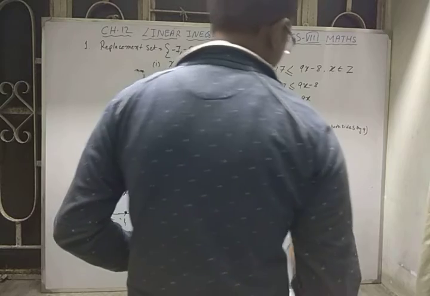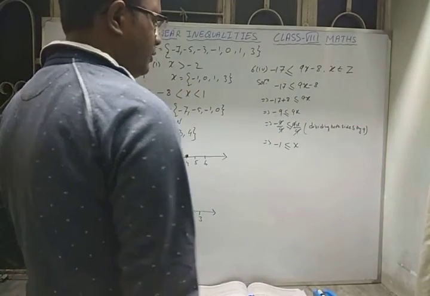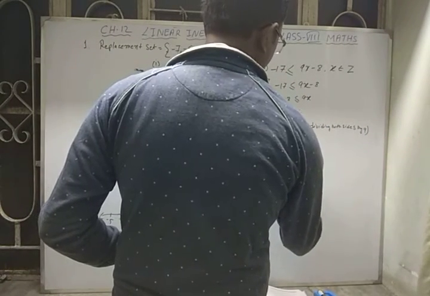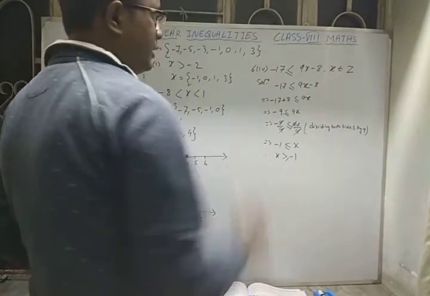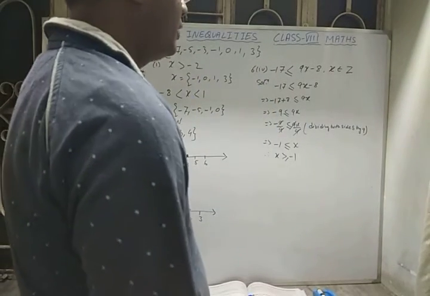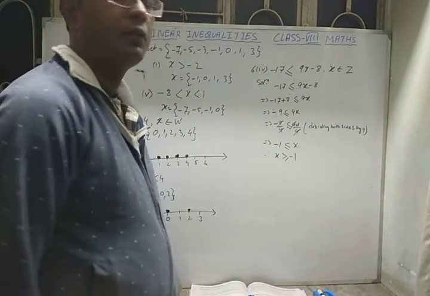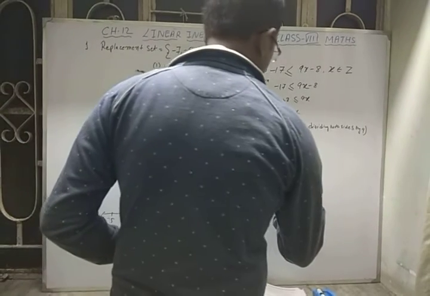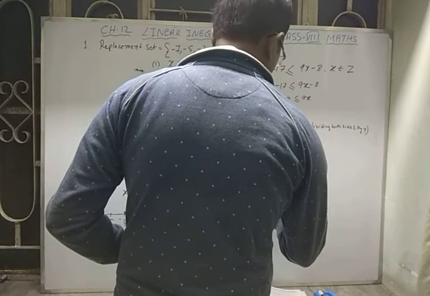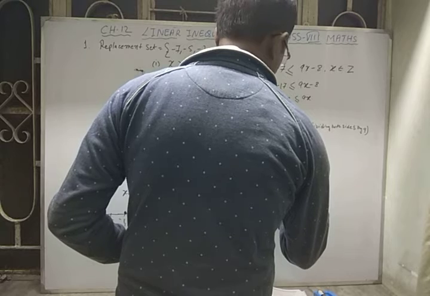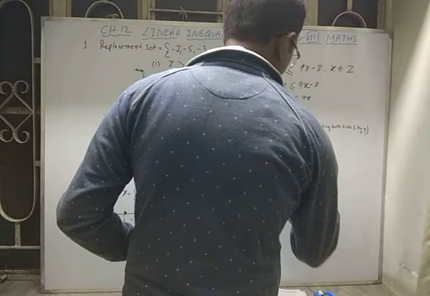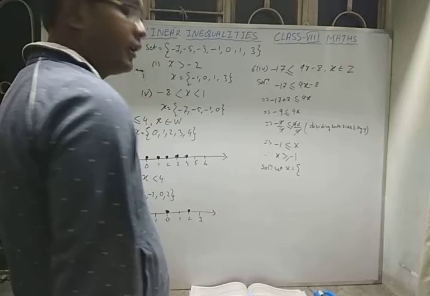That means x is greater than or equal to minus 1. So we have to write all integers which are greater than or equal to minus 1. The solution set is x equal to the integers greater than minus 1.